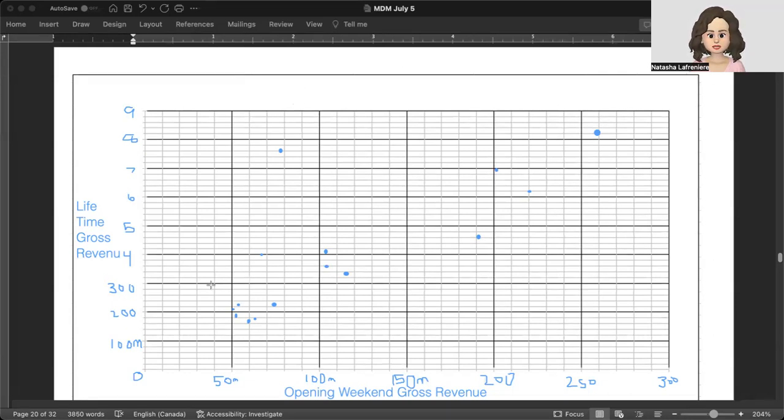And then you're going to want to throw in a line of best fit.